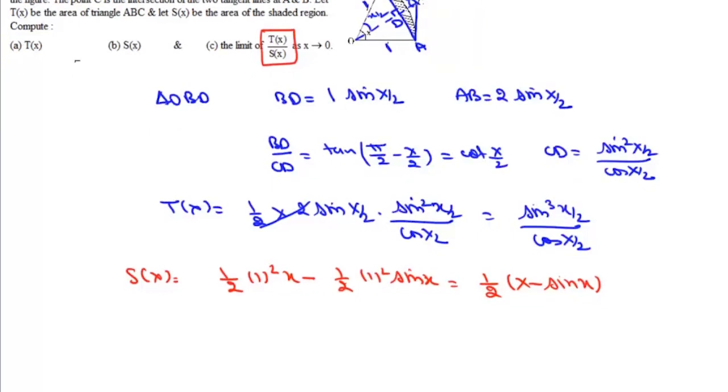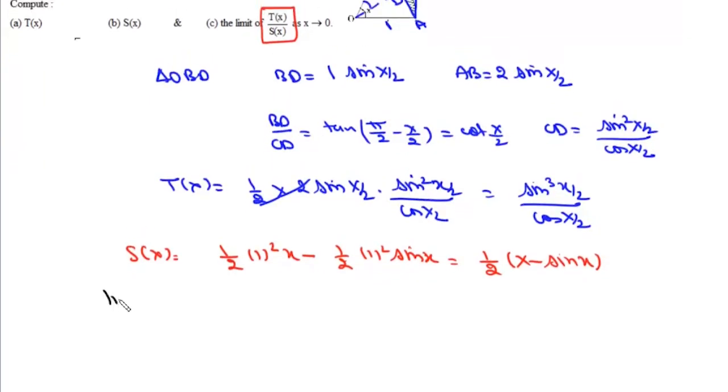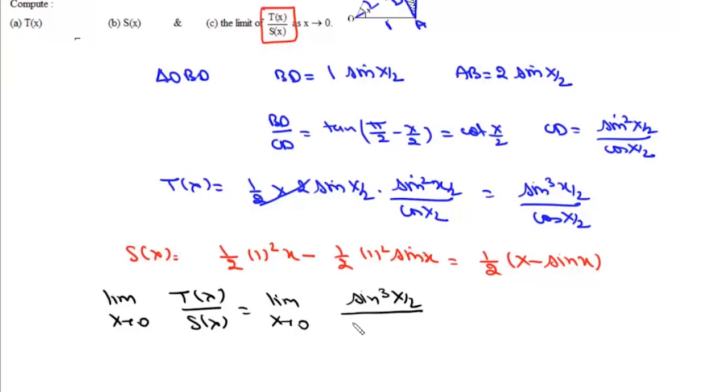Now this limit x tends to 0 Tx upon Sx will be this limit x tends to 0 sin cube x by 2 upon cos x by 2, and here it is x minus sin x and then into 2.